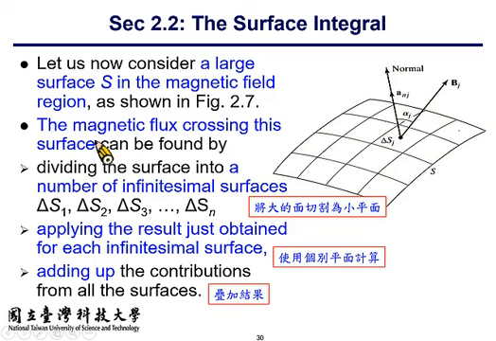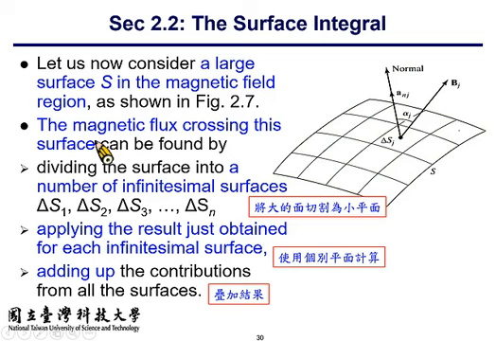The surface is not necessarily flat. It can be a curved surface of any shape, such as this one. So the normal direction at different positions is not necessarily the same. You divide a large surface into small ones.